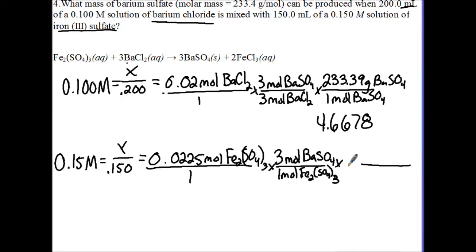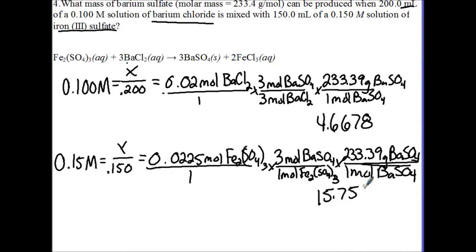The molar mass is not any different, so 233.39 grams barium sulfate for every 1 mole of barium sulfate. Again, we're going to multiply the tops. All the bottoms are 1, so we don't need to really divide by the bottom. So this one comes out to 15.7538. So that means that this is the smaller amount, and barium chloride is our limiting reactant.